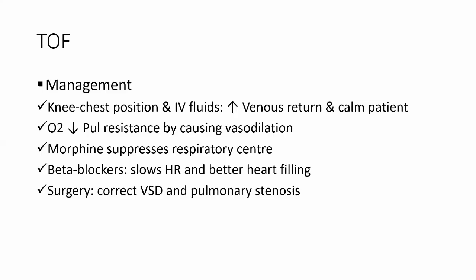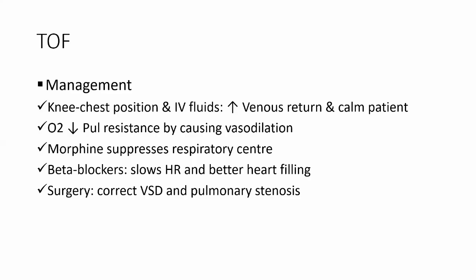And this will also help to improve arterial oxygen saturation. And other drugs that are usually used, these are your ketamines, which is a good drug because it simultaneously increases your systemic vascular resistance, and it also helps to sedate the patient because you want them calm, just to be able to help terminate these spells.